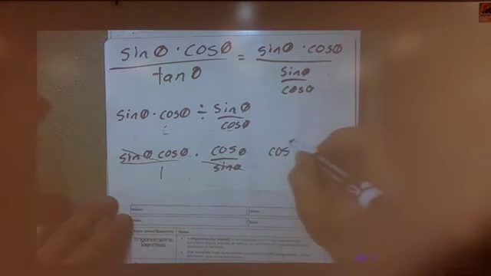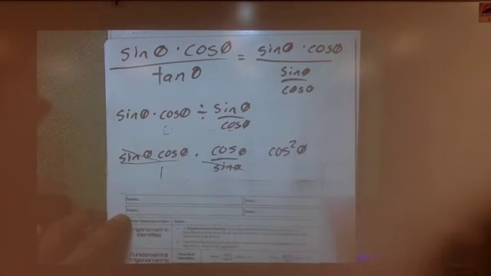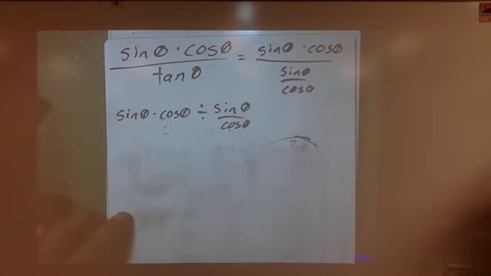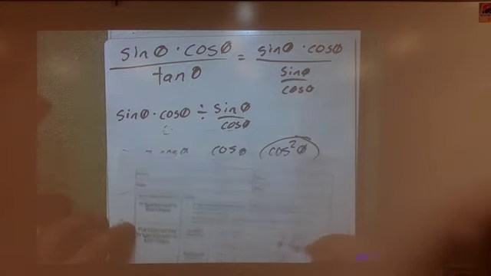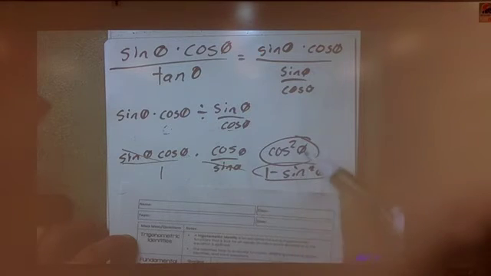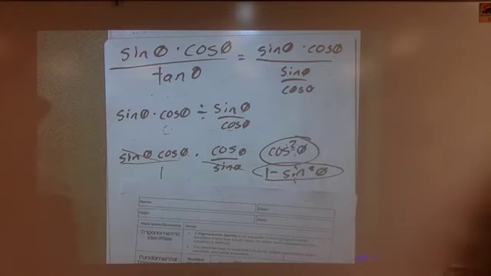So that's cosine squared theta, and that's probably all you need. If you use this one here, you could say that cosine squared theta is equal to 1 minus sine squared theta. I don't know which one's considered more simplified, but those mean the same thing, and that's what this boils down to, one of those two.